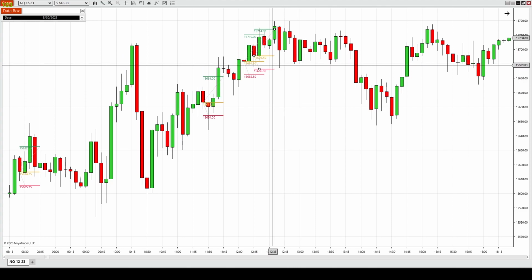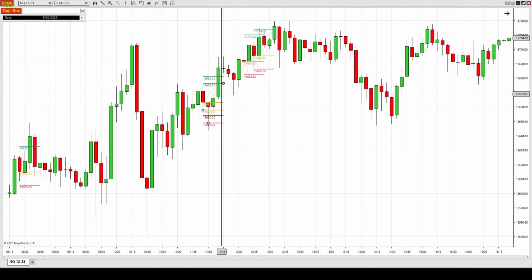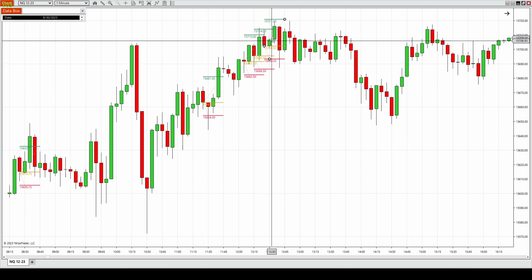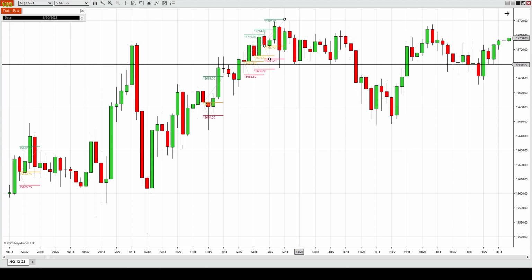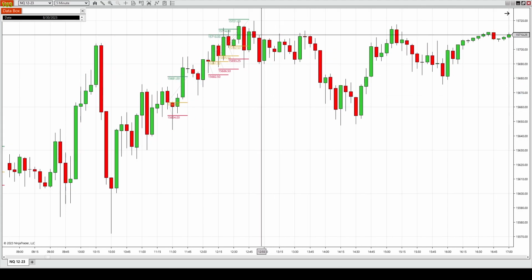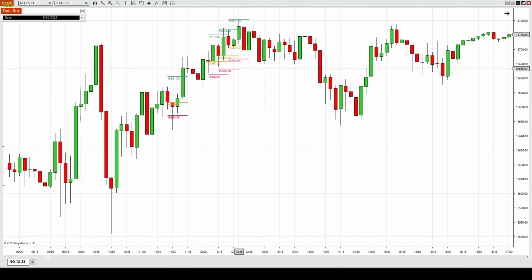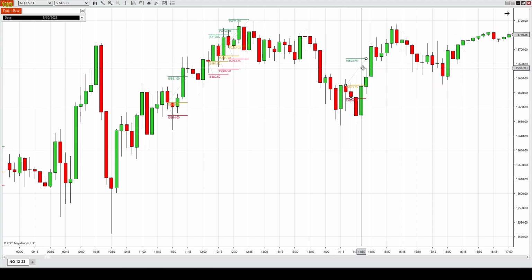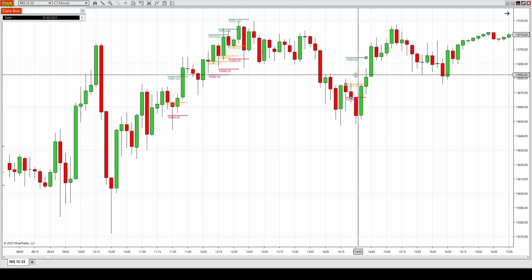Pullback, profits, profits on profits. Another pullback, and then this is probably where it would hit break even because price came so high. Then we continue, structure breaks, and now we can get into sells because we've broken that structure.